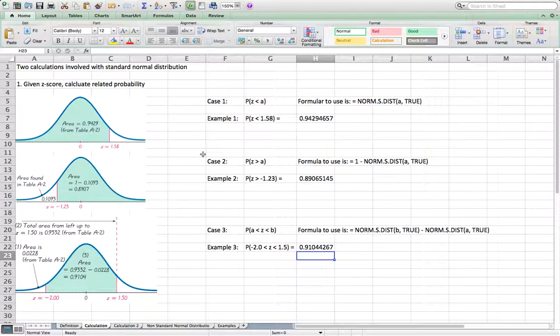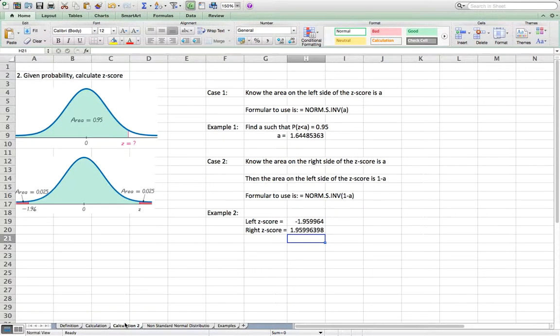Given a z-score, you calculate the related probability. The second calculation is, if I give a probability, you need to be able to calculate the corresponding z-score. For example, if I know the probability on the left side of this z-score is 0.95, then what is this z-score?